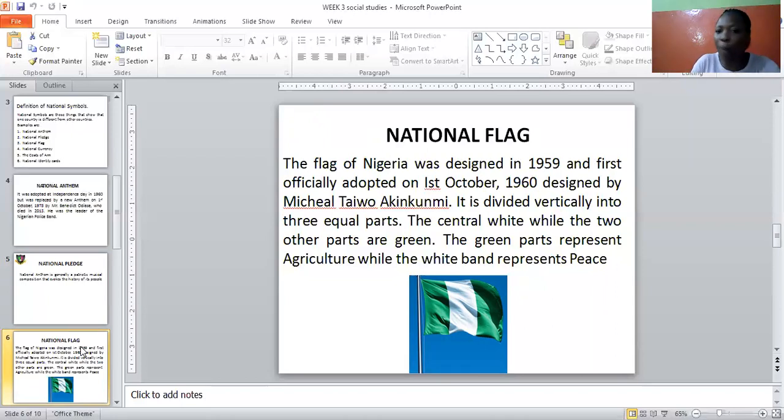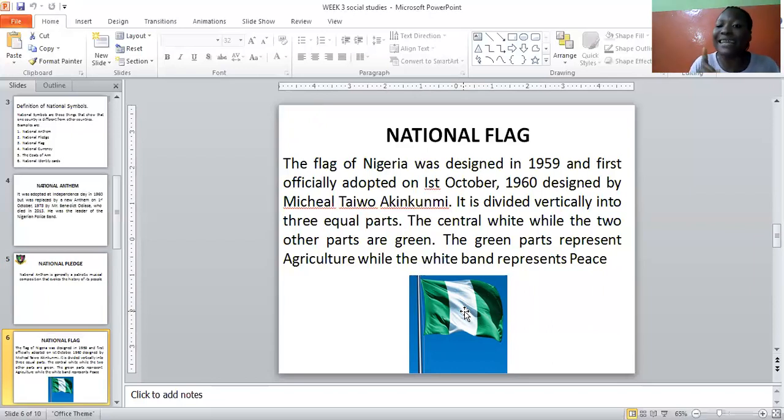You have not come for war. That's why the Yoruba will say you can't wear a white garment to the battlefront, because they will pour palm oil on it and you will have soiled it. So white represents peace, while green represents agriculture. It was designed by Michael Taiwo Akinkunmi on 1st October 1960.